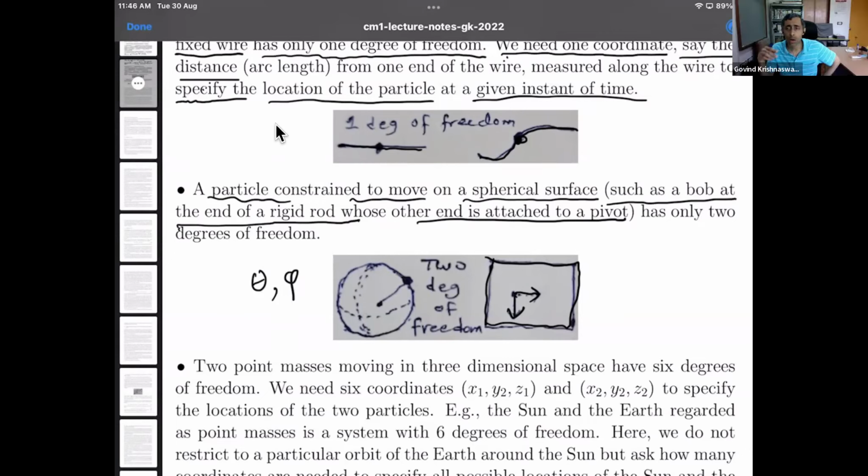See, the Earth also is not a sphere, as you are aware. It is some prolate ellipsoid or something. It is bulging at the equator, flattened at the poles. But we still need only 2 coordinates to tell me where I am. If the particle can fly off the surface, then I need a 3rd coordinate.